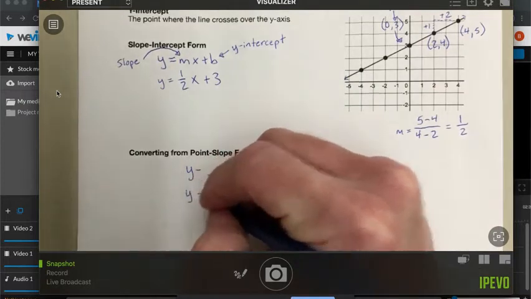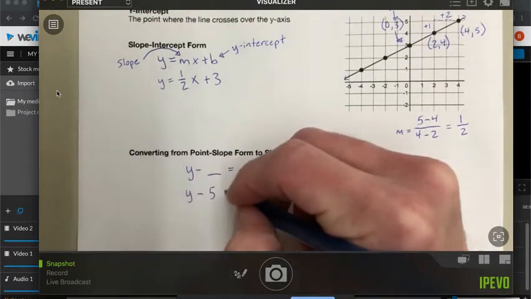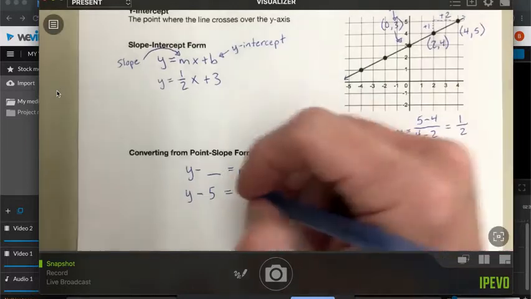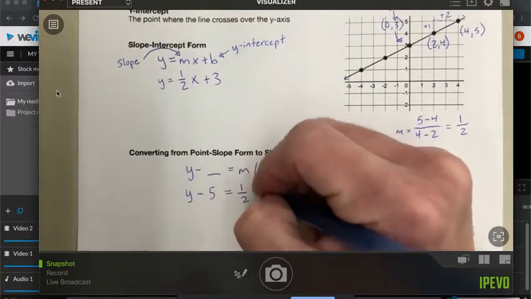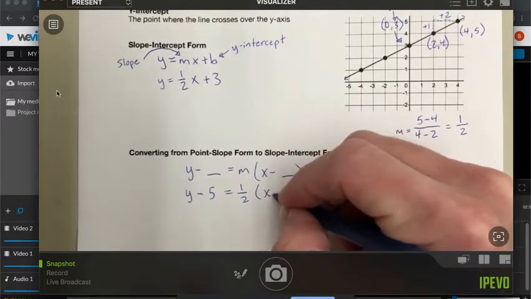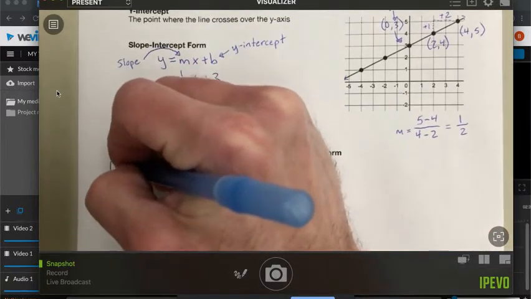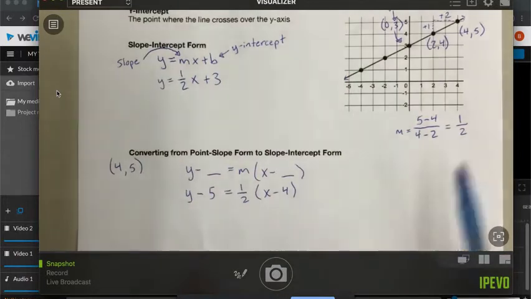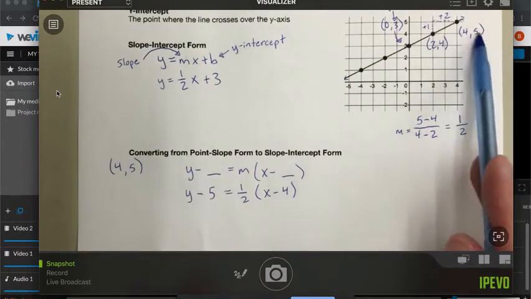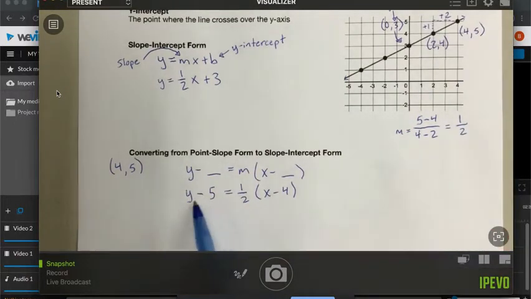So then I would have y minus 5 equals, we said our slope is a half, and then it would be x minus 4. I'll put that point off to the side here just in case. All I did was use this point (4, 5). I used our same slope, and I wrote our equation in point slope form.